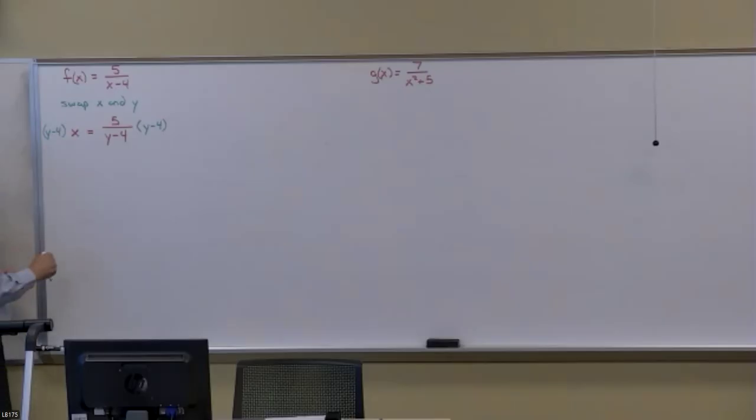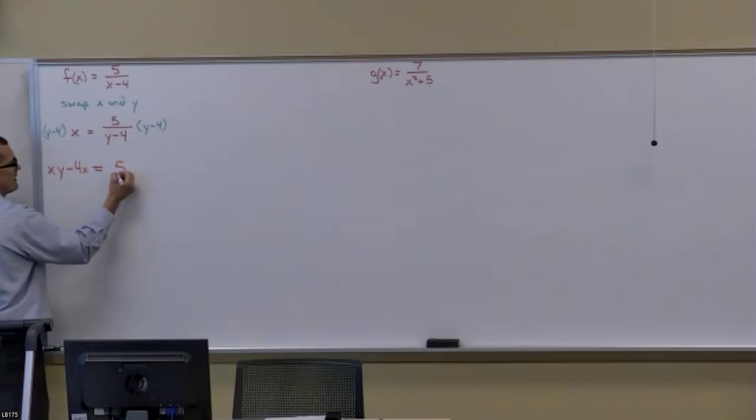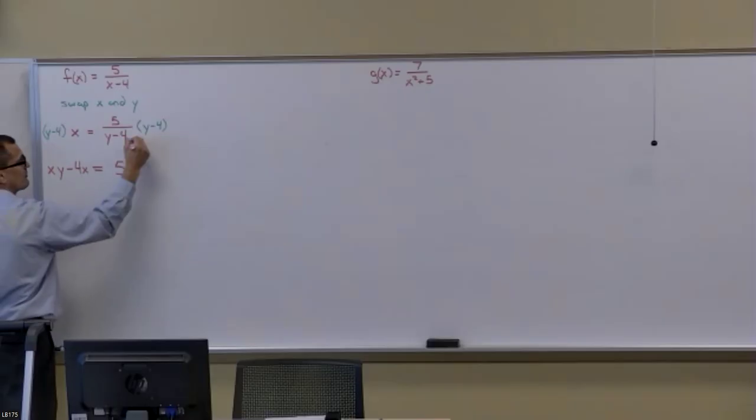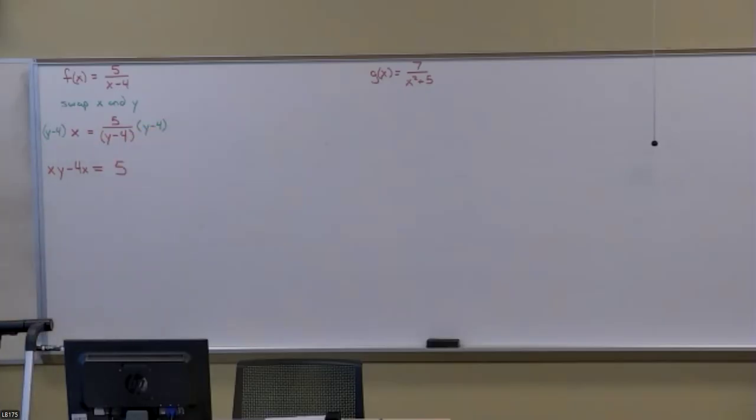That's the same process. If I do that, I get x times y minus 4x is equal to 5. So the y minus 4s will cancel each other out. And you'll just be left with the 5 on the right-hand side. Again, if you do cross multiplication, you get the exact same thing.